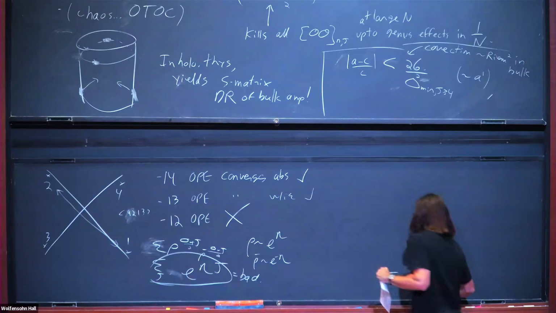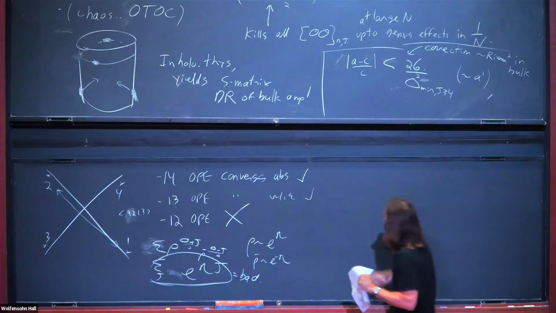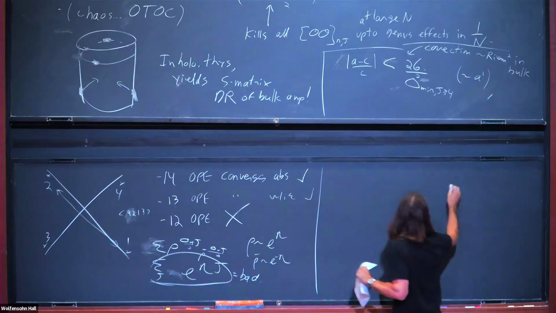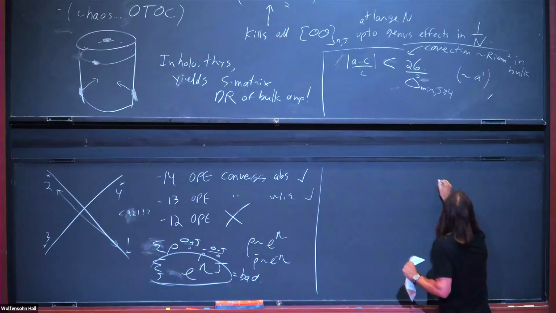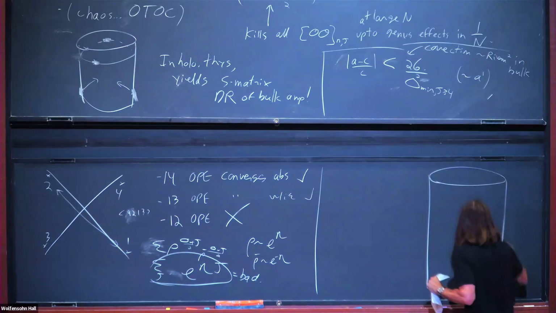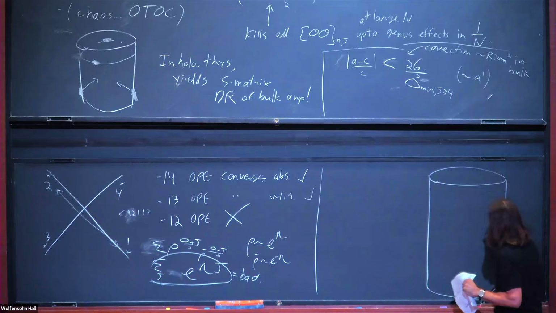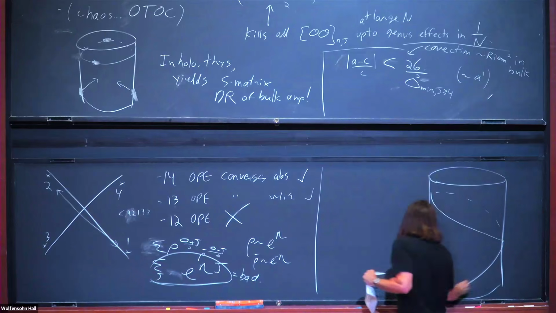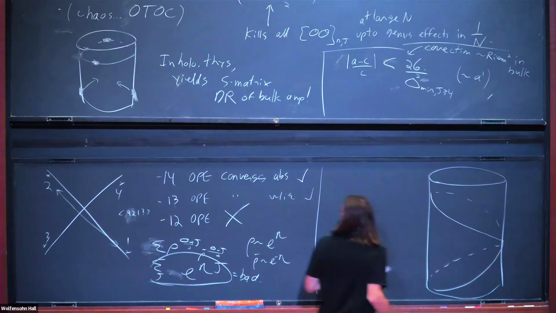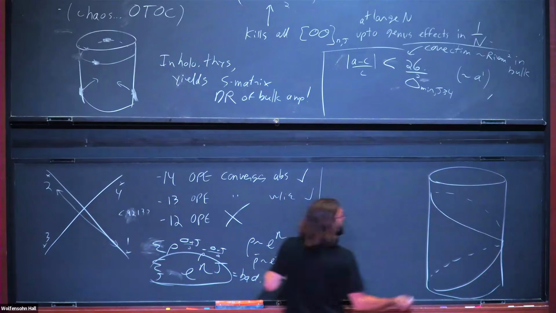However, the 1, 2 OPE is exactly what we would like to have for some applications. So let's relate this kinematics to the boundary of this cylinder. Remember that the Poincaré patch looks like this. And suppose I put this O3 here.